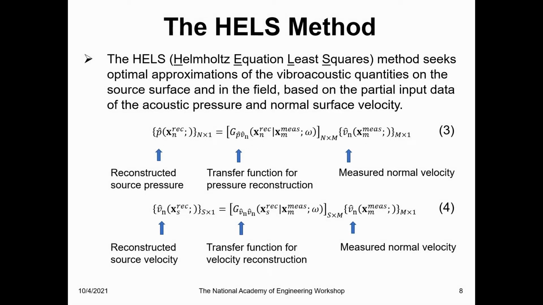Equations 3 and 4 describe the Helmholtz method that seek optimal approximations of the vibroacoustic quantities reconstructed on the source surface and in the field, based on partial input data of the acoustic pressure and normal surface velocity. These formulations can be very handy because in practice it is impossible to collect complete sets of input data at desired locations.